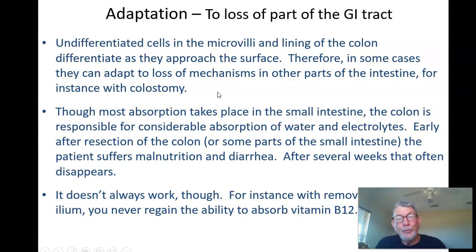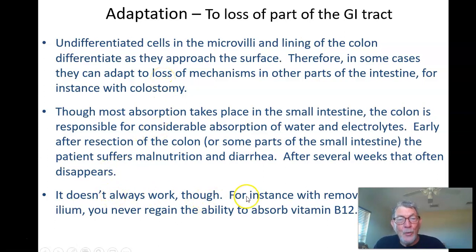And if you lose a good part of your jejunum, the other parts of the intestine will start doing some of its work. And you can recover a decent amount. With a colostomy, where you can't actually even send your nutrients through the colon because your colon was removed because it was cancerous or something, other parts of your intestine take up at least some of the slack.